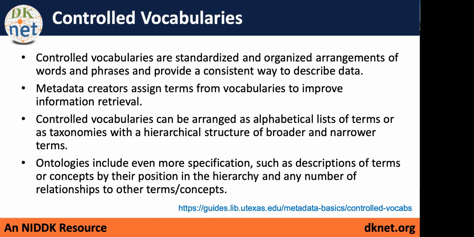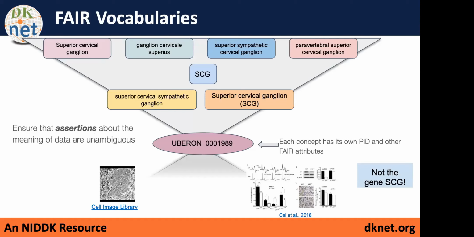And so they can connect terms to one another with these various types of structured relationships. FAIR vocabularies: basically, we want to make sure that the vocabularies that are used also have some of the items of FAIR.